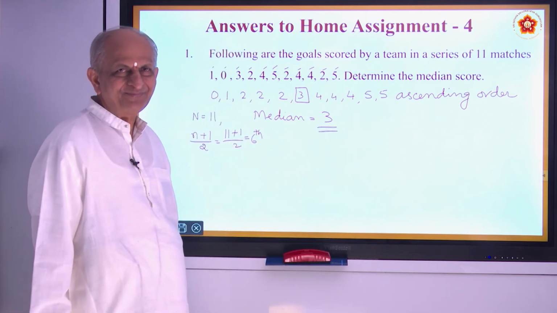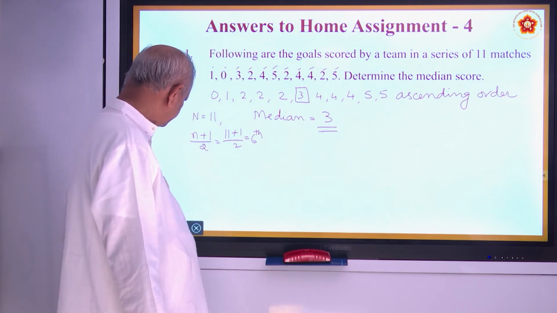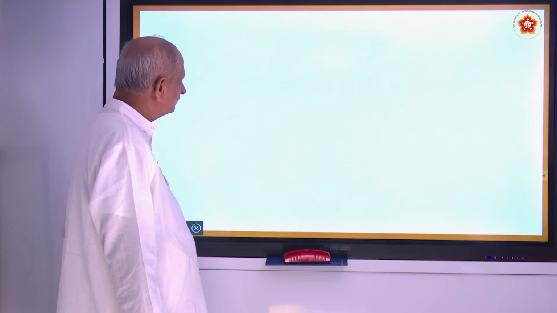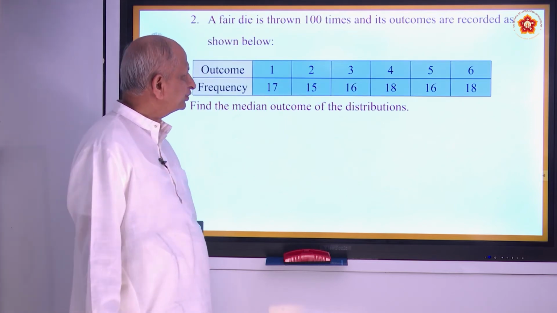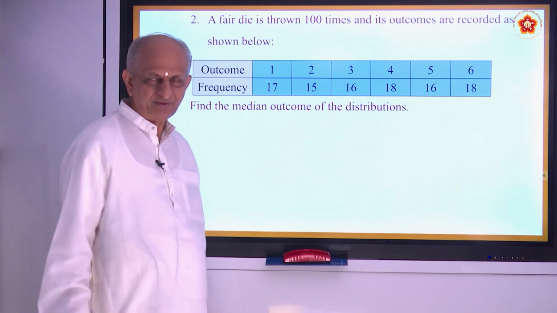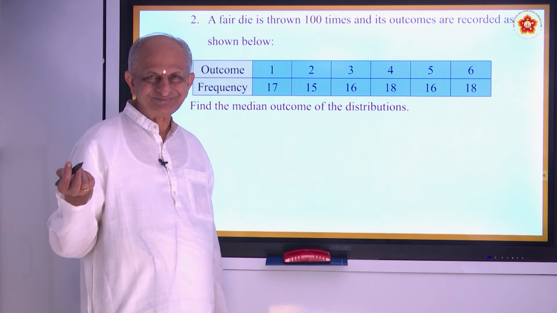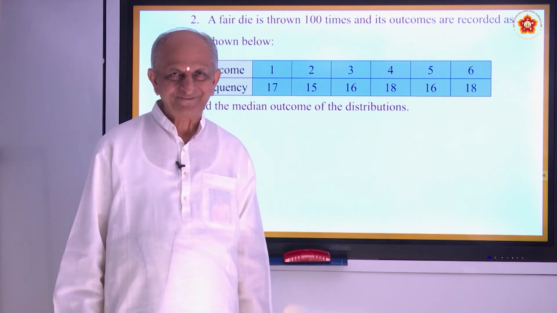Okay. Taken down? Okay. Shall we pass on to the next problem? A fair die is thrown 100 times and outcomes are recorded as follows. What is a die? You use it in the snake and ladder game, right?